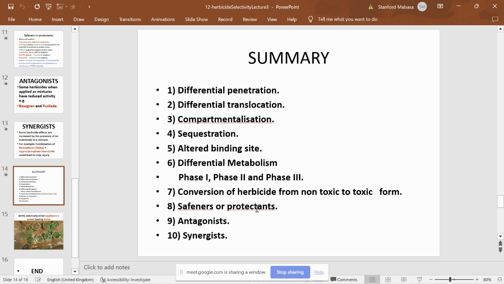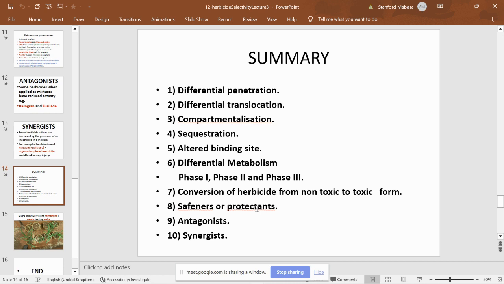Yes, just a straight summary on selectivity. It's very short. What we discussed on selectivity was differential penetration, differential translocation, compartmentalization, sequestration, altered binding site, differential metabolism, that is phase 1, phase 2, and phase 3.